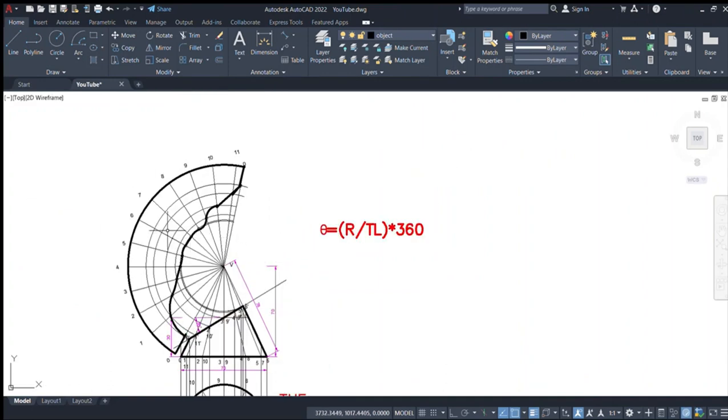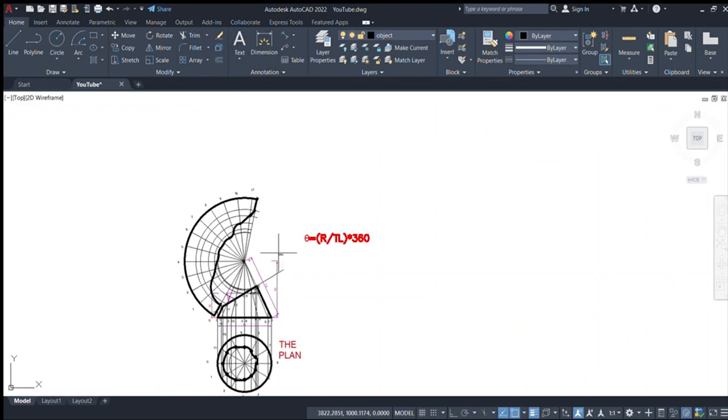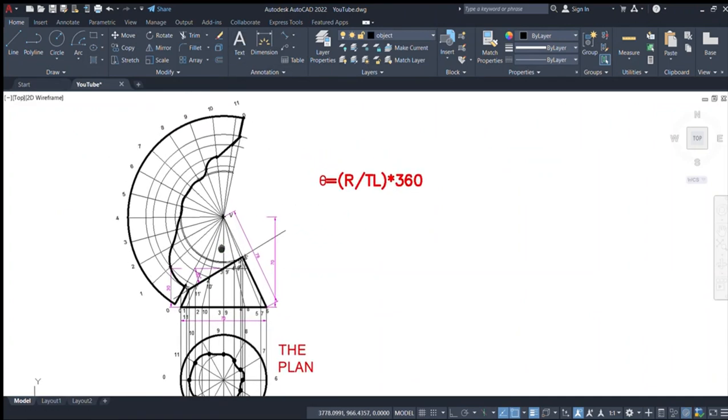So with that, this is now the development of the cone.